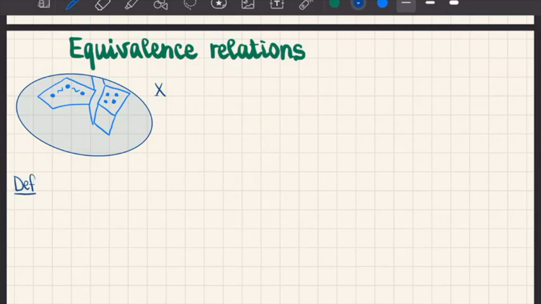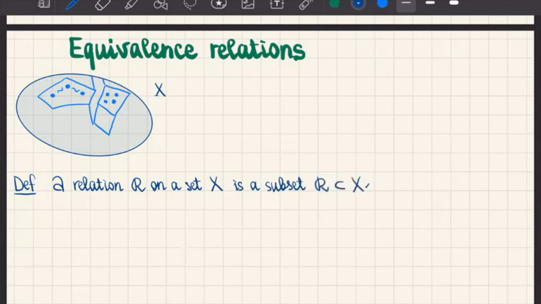So, definition. I define a relation R on a set X as a subset of the direct product of X with itself, the Cartesian product of X with itself.